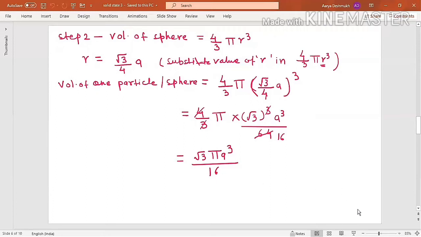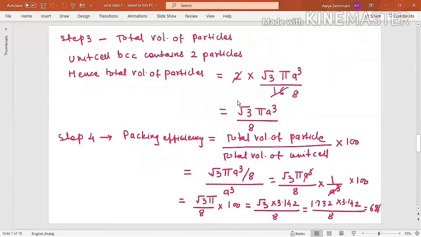It's very simple. Now, once we found the volume of the sphere, we multiply it by the total number of particles. This unit cell of body centered cubic contains two particles. We know this thing, we have already studied this. So the total volume of particles will be equal to this earlier result multiplied by 2, since there are two particles.